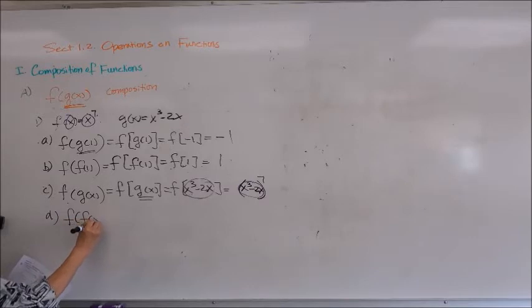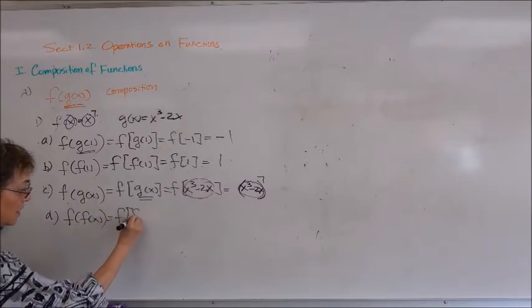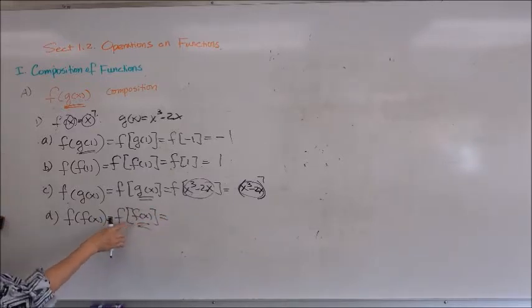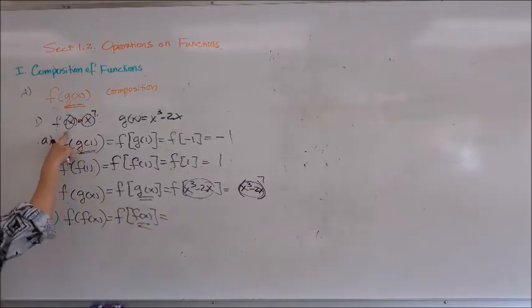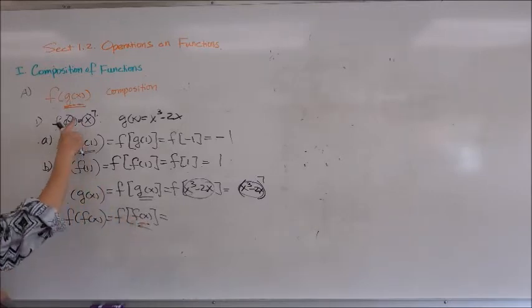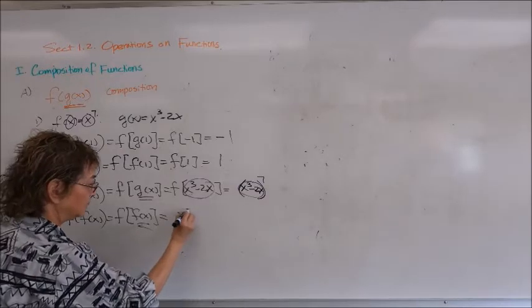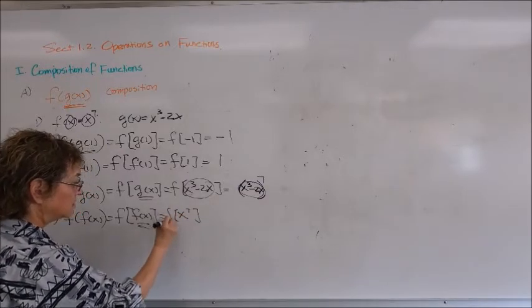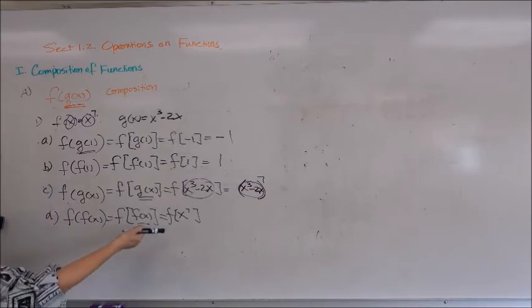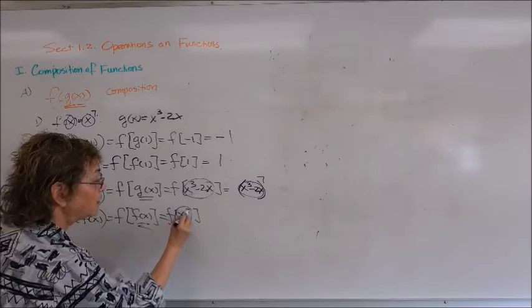If f of f of x this way, that means you would do the inside f of x first. Whatever x is given to you, you do the 7th power. Then you plug in again, and f says, whatever you give to me, I'm going to do the 7th power again.